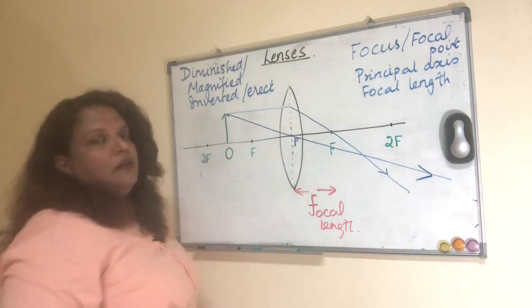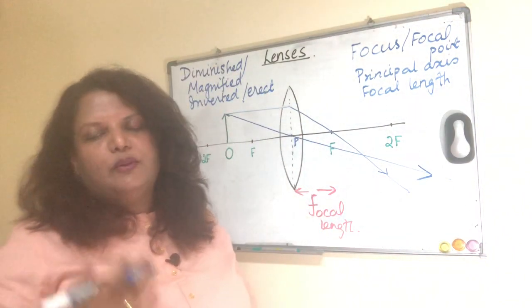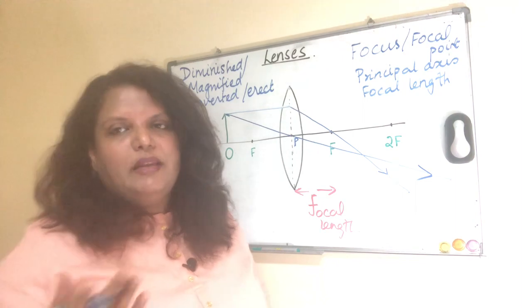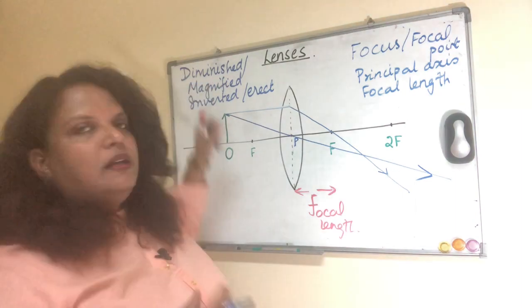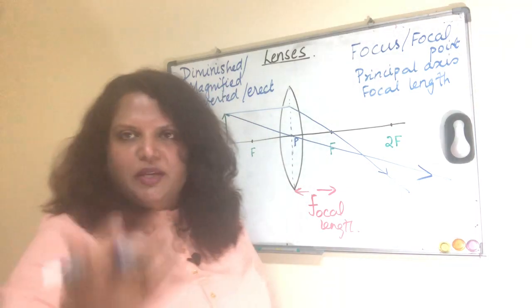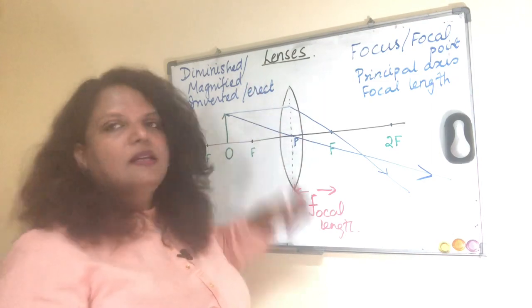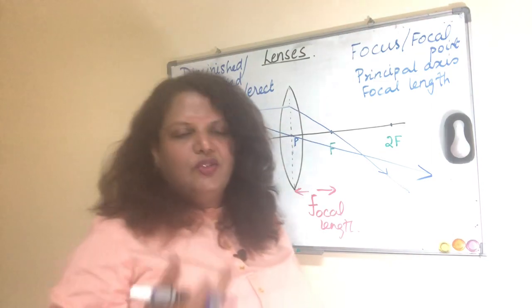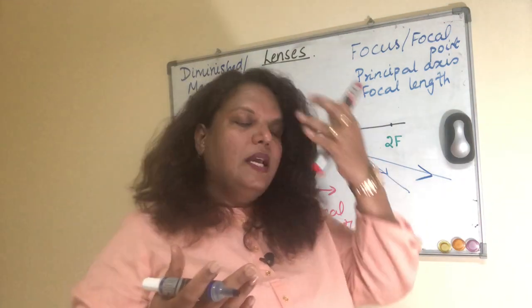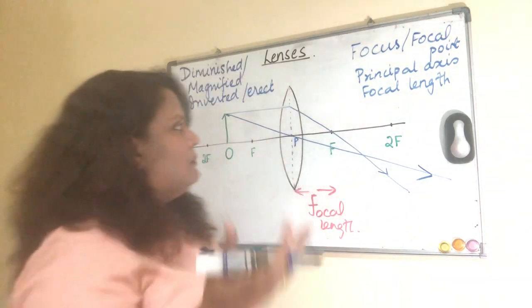So these key terms you are expected to use. What are the meanings of the terms? Diminished meaning it is smaller than the object. Magnified is understood, it is bigger than the object. Now inverted, it's upside down. Erect, it is straight. Alright, these terms actually you can describe in your own words, but these are the key terms that will probably score you better marks.